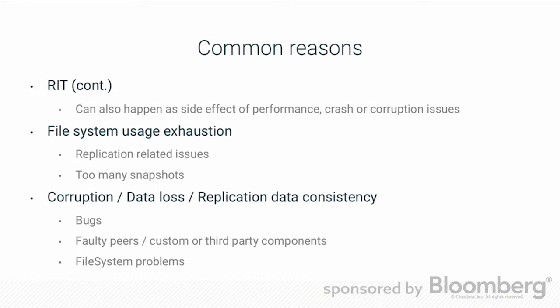File system usage exhaustion, normally caused by poor snapshot retention policy or replication-related issues, either replication not executing properly due to issues with peers, infrastructure, but also can be due to poor management of a replication service.